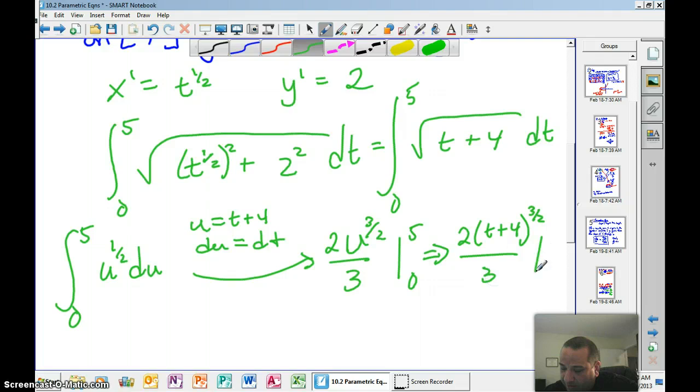And that's evaluated at 5 and 0. So I guess when the smoke clears on this, you put 5, you get 9. You get 81, cube root 81, and blah, blah, blah. When the smoke clears, you get 38 thirds as your answer. And that's units, because we're talking about arc length.